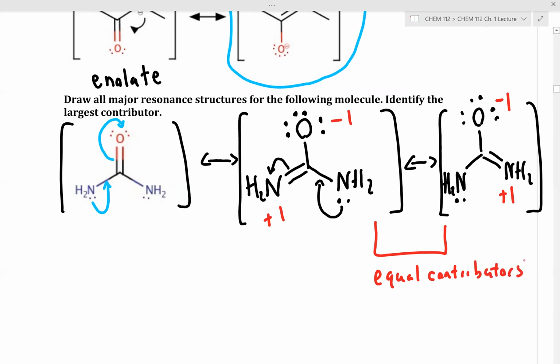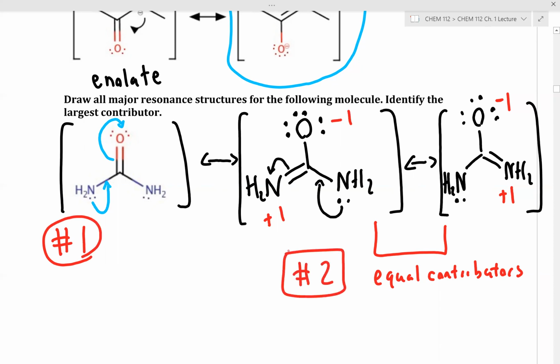Now, what is the largest contributor to our resonance hybrid? Which structure minimizes formal charges and follows the octet rule? The one on the left. So if we had to give a ranking, this would be number 1, while these two structures would be tied for number 2 in terms of their contribution.